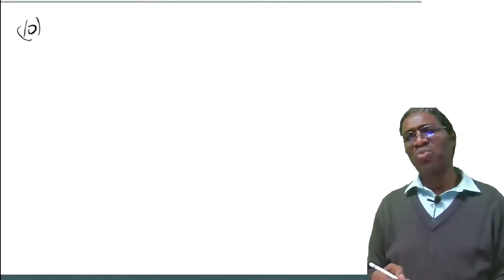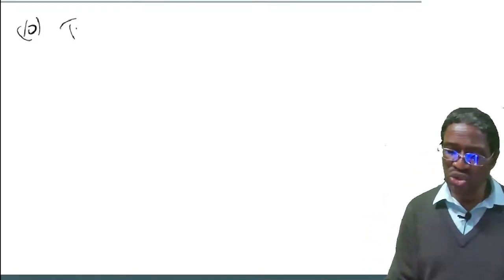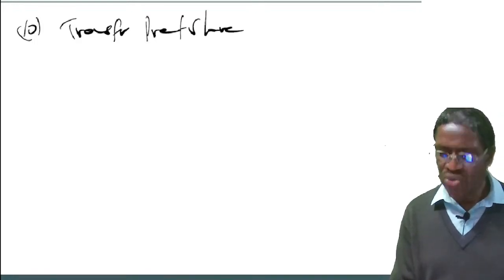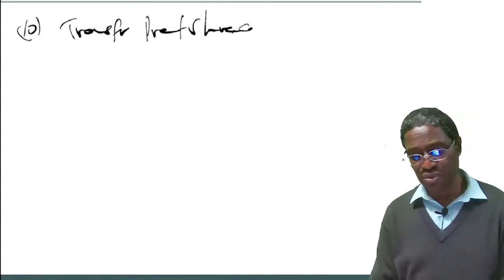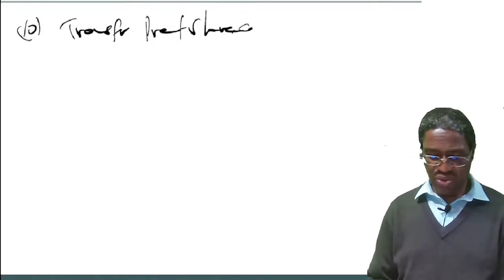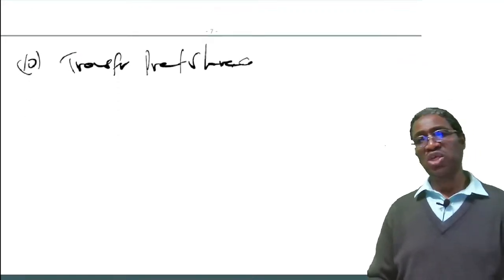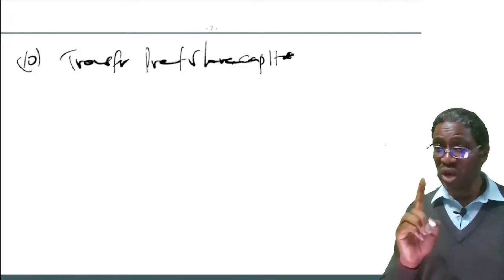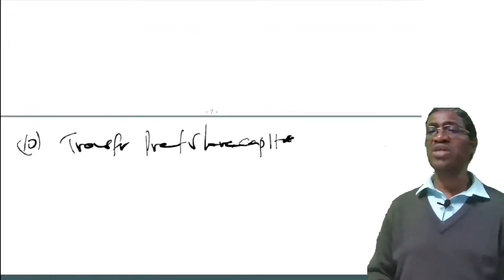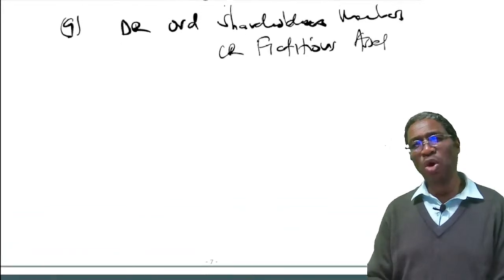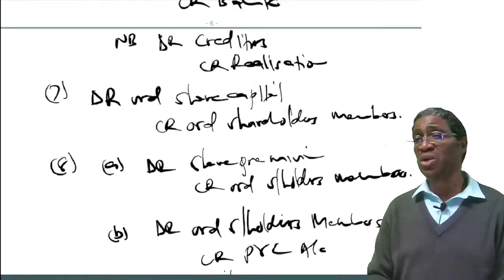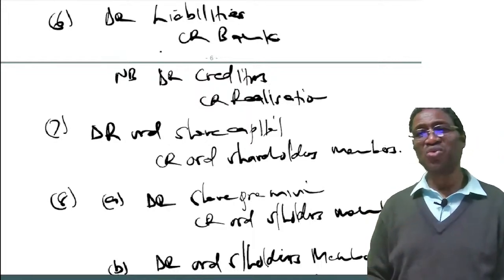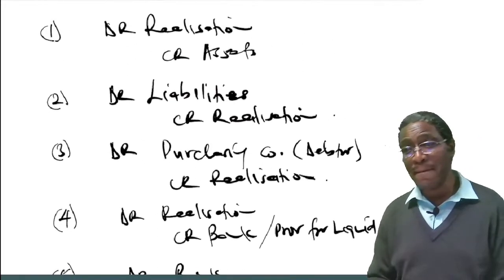So step number 10 says you now transfer the balance of the preference share capital to an account we shall be calling preference shareholders members account. The way you opened ordinary shareholders members, you will now open preference shareholders members account.